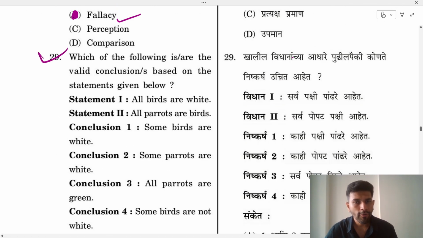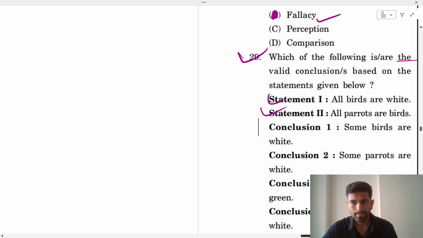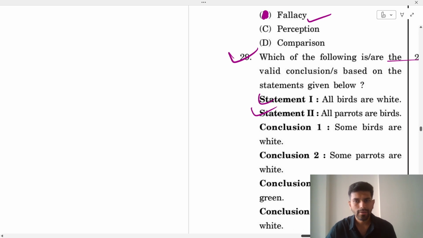Next, which of the following are the valid conclusions based on the statements given below? Statements 1 and 2 are given, conclusions 1, 2, 3, 4 are given, and we have to check which conclusions are valid. Let's check. Statement 1. All birds are white.